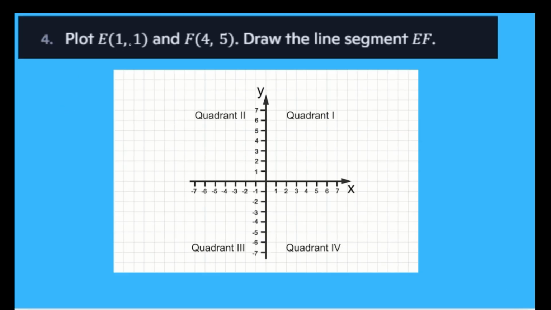Plot E (1, 1) and F (4, 5). Draw the line segment EF. So where is (1, 1)? Here it is. Where is (4, 5)? Here it is. This is point E, this is point F, and we have to draw the line segment here.